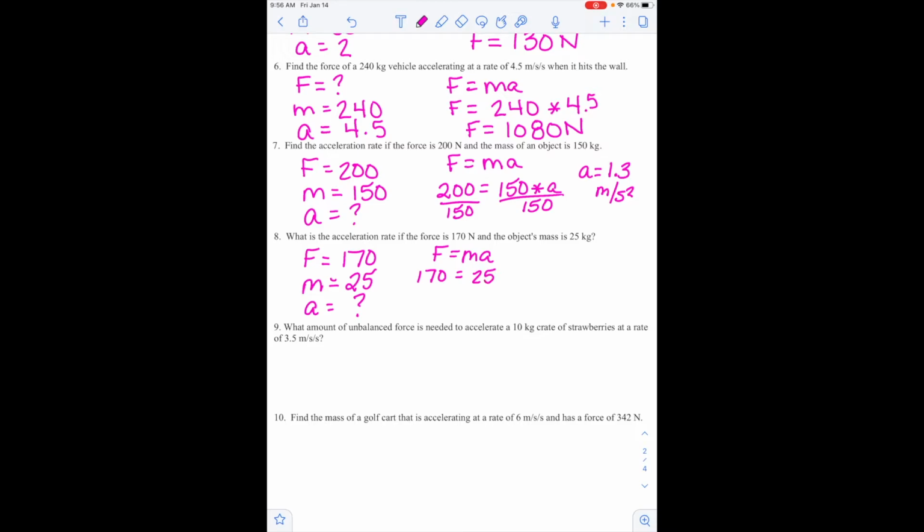Mass is 25 times A. Divide both sides by 25 to cancel out. 170 divided by 25 is 6.8. A equals 6.8, and our unit is meters per second squared.